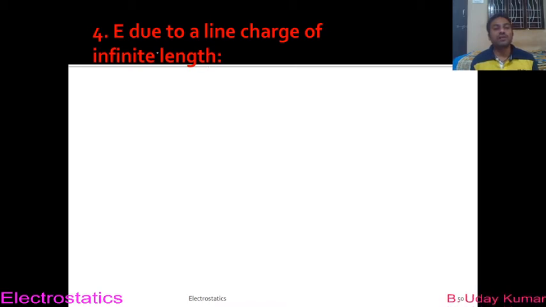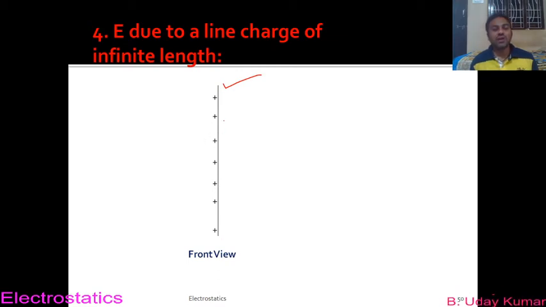We will try to determine the electric field intensity due to a line charge of infinite length. To find E due to a line charge of infinite length, first of all we will understand what is a line charge. You can understand that with the help of this diagram. There is a line on which the charge is uniformly distributed.